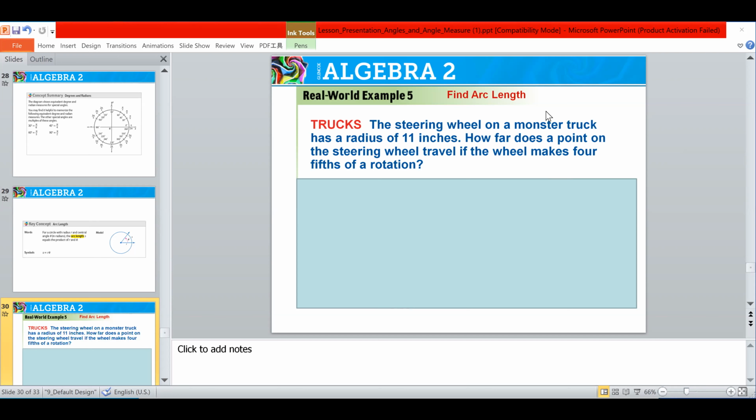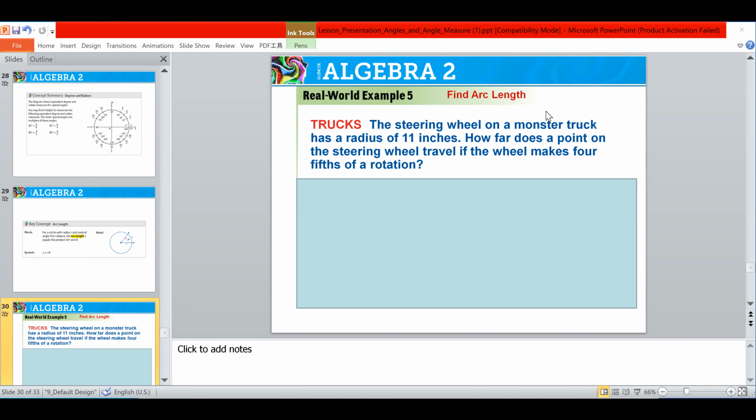Trucks. The steering wheel on a monster truck has a radius of 11 inches. How far does the point on the steering wheel travel if the wheel makes 4/5 of a rotation? So I need to get how far. It means the distance, the arc length.